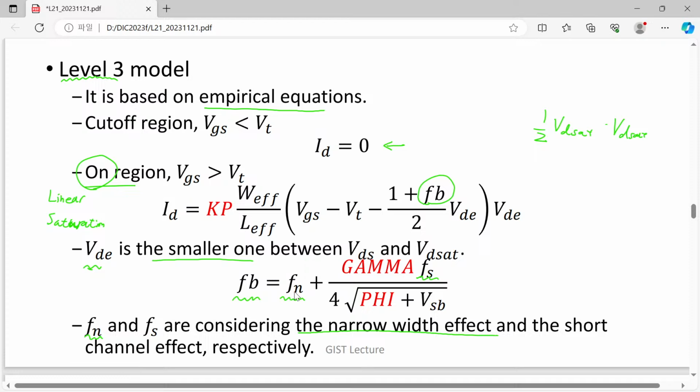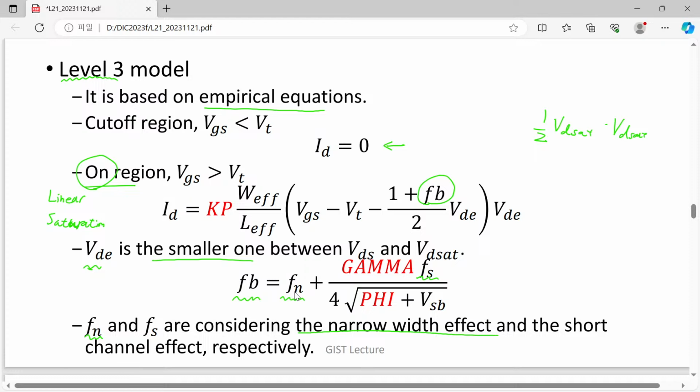When you open the SPICE manual, you can find a complicated expression for Fn. If we have a narrow width, then we can expect that threshold voltage and other quantities are affected. That is considered here as Fn.